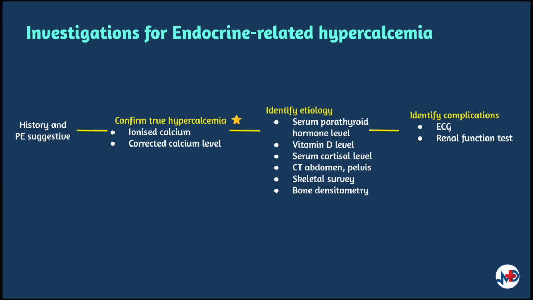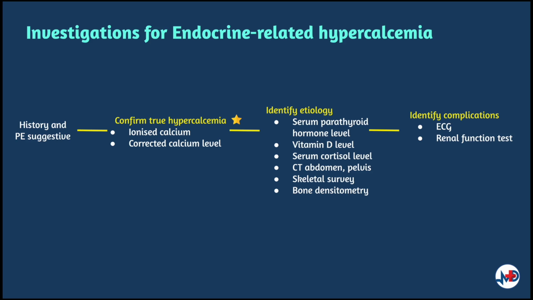In practice, we would first confirm true hypercalcemia by obtaining measured ionized calcium or calculated corrected calcium by using the formula: measured total calcium plus 0.8 multiplied by 4 minus serum albumin. Once hypercalcemia has been confirmed, further lab studies need to be done to identify and manage the etiologies.